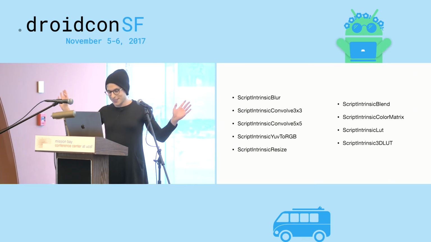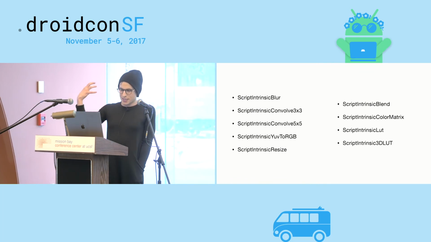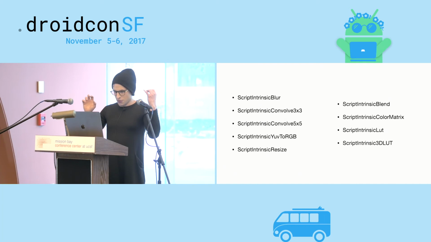And then script intrinsic LUT, script intrinsic 3D LUT, I adore with all of my heart. It's amazing. Script intrinsic LUT is per channel, so there's an array for each one. The red, green, and blue can be between 0 and 255, and then you give it an array of 256 values for each one.